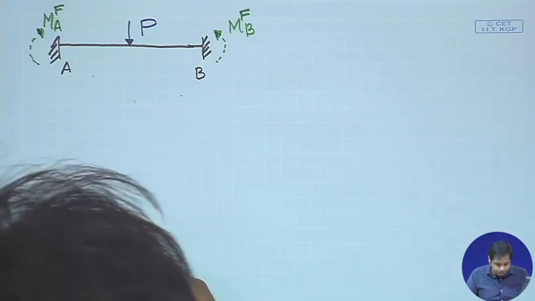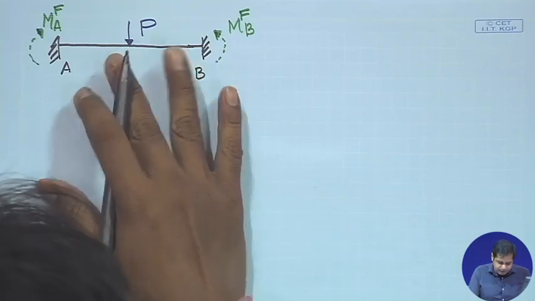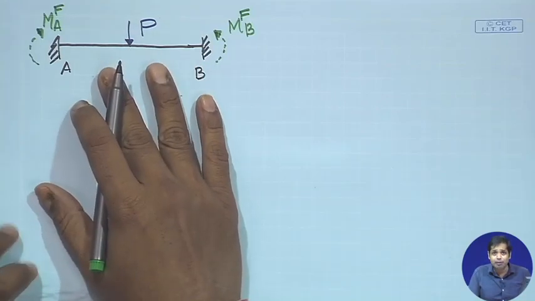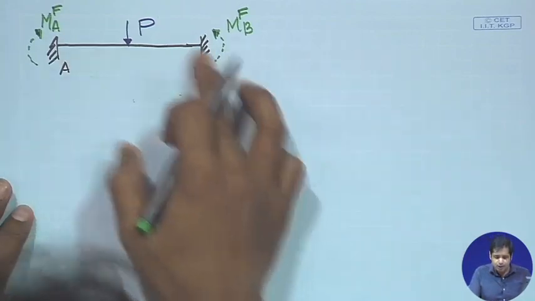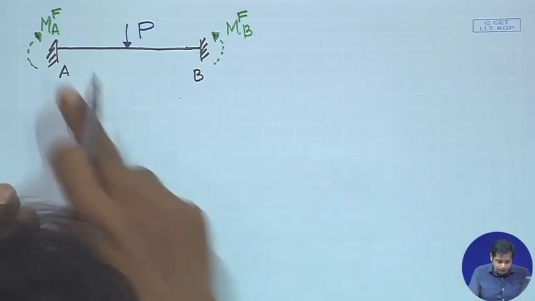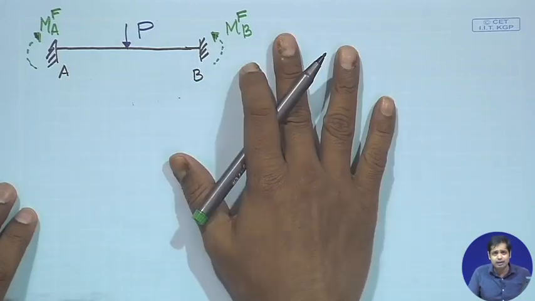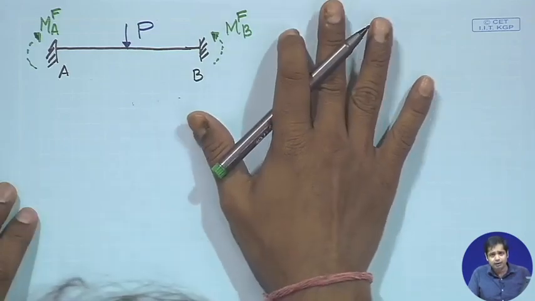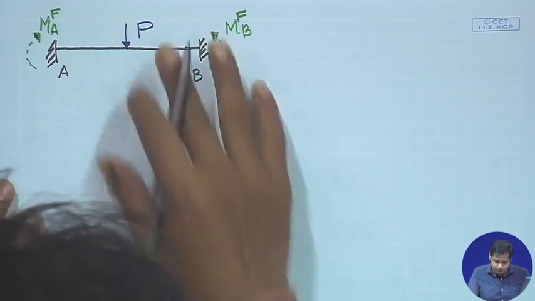Now, this is a statically indeterminate problem. Our objective is just to get the support reactions, not all the reactions, only the moments at A and B. There are 3 support reactions at each end, so there are a total of 6 unknowns, and the number of equations available is 3. So it is a statically indeterminate structure.